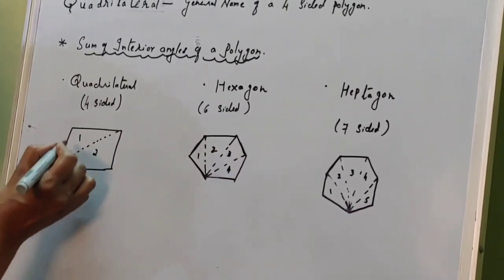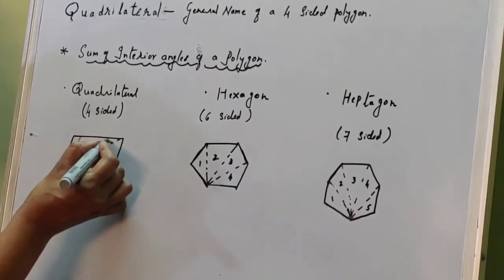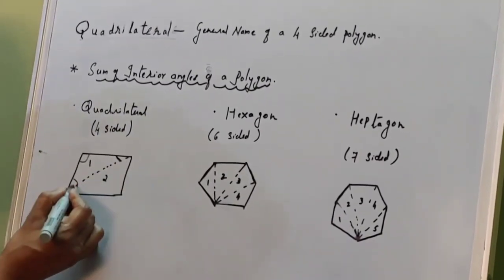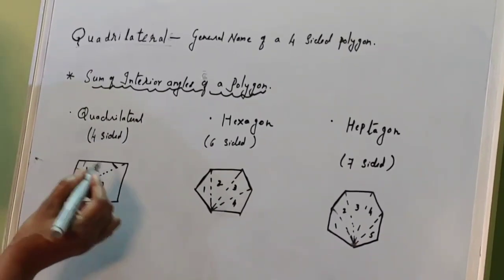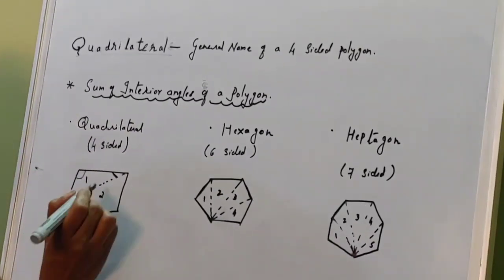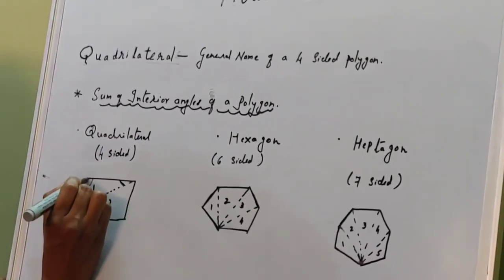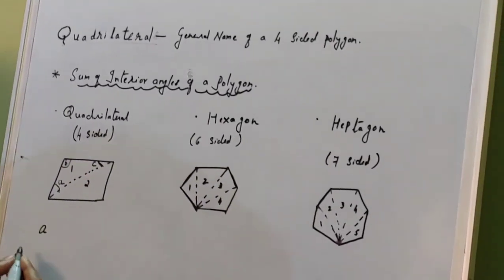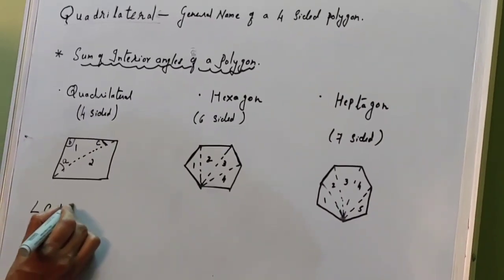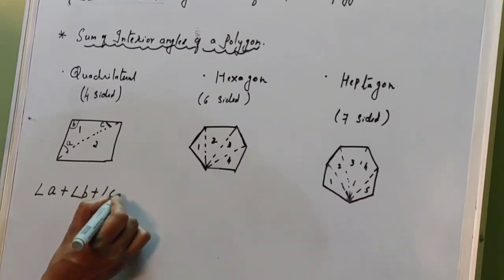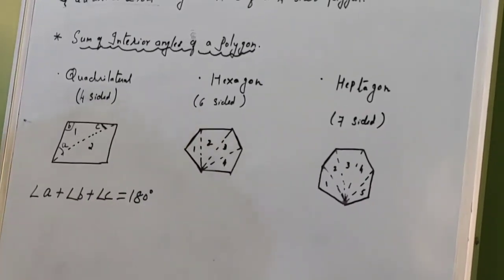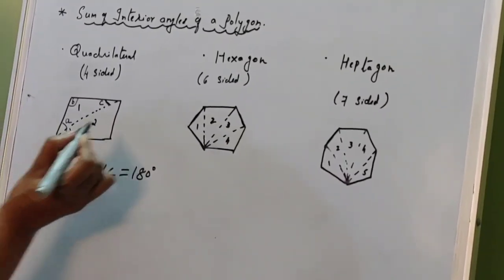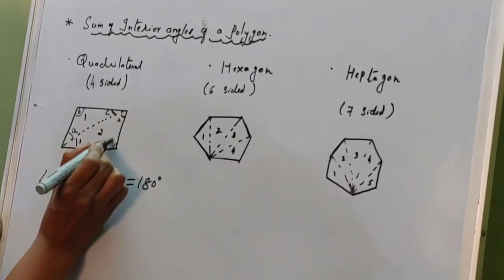Now in this quadrilateral, one diagonal will divide the quadrilateral into two triangles, and we know in a triangle the sum of the interior angles makes 180 degrees. So if I add up these three angles of triangle 1, I will get 180 degrees. Let's name this angle as A, this angle as B and this angle as C. So we know from our previous knowledge that angle A plus angle B plus angle C is 180 degrees. Similarly, let me name these as 1, 2 and 3.